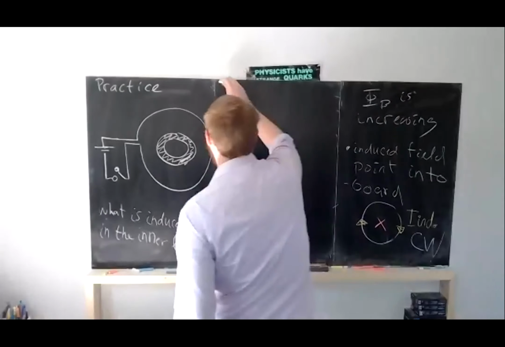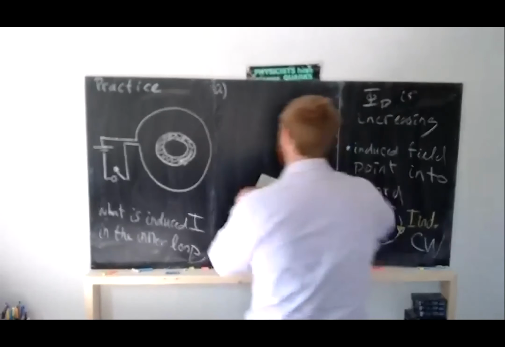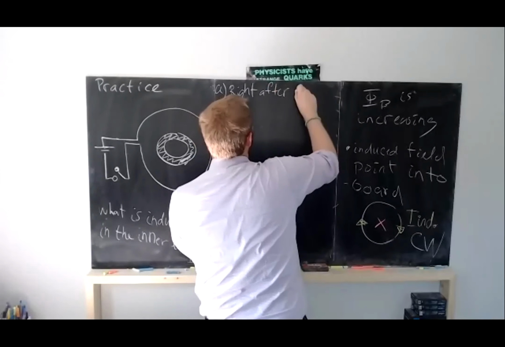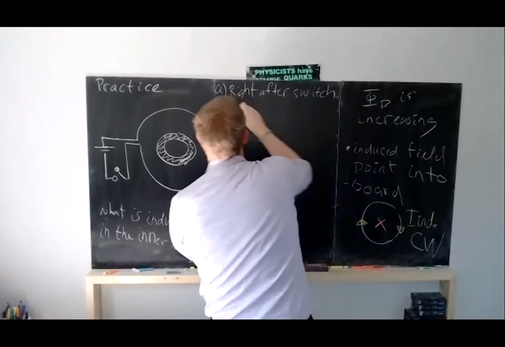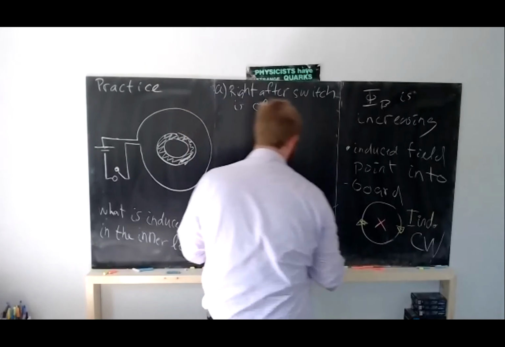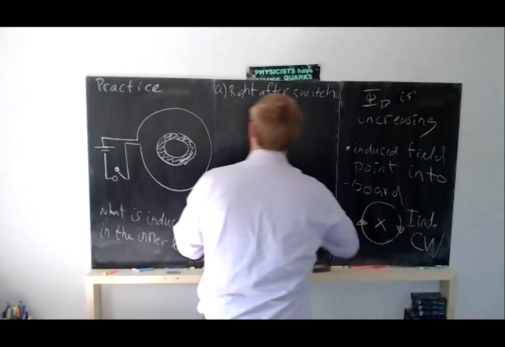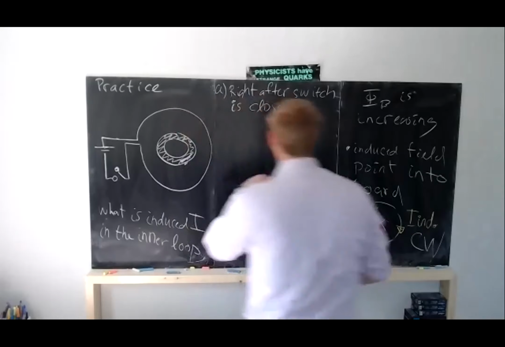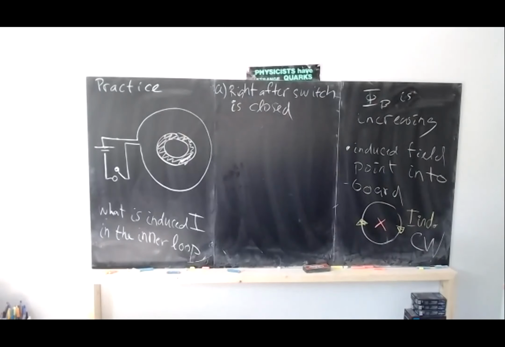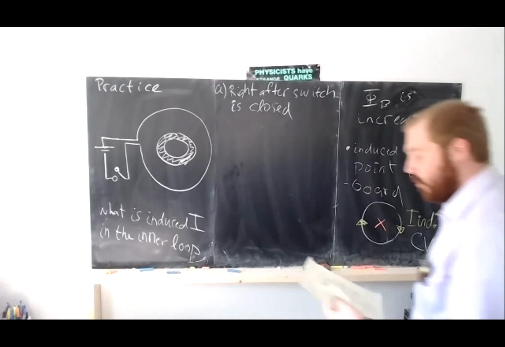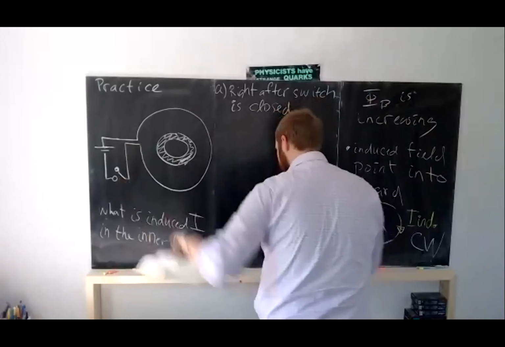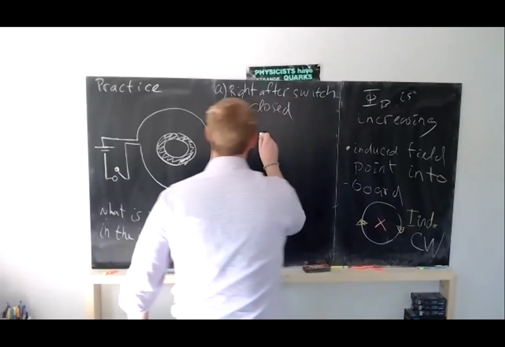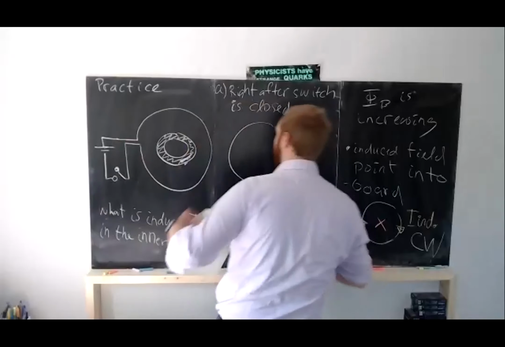So A, right after the switch is closed. Right after the switch is closed, what happens? We close the switch. We see a current going clockwise around. I'm just ignoring the switch to make life easy.